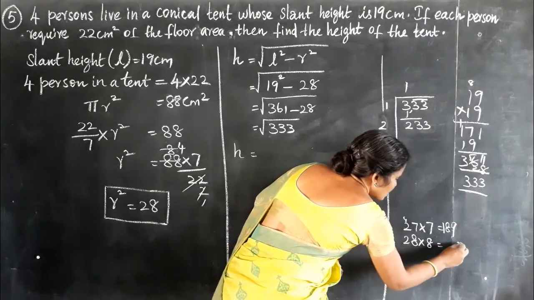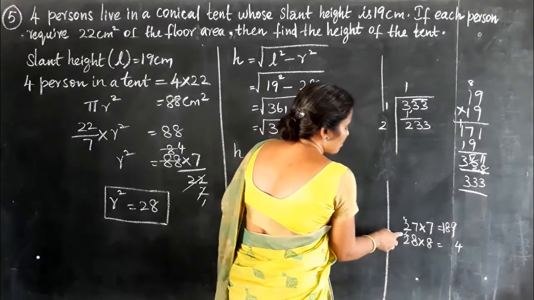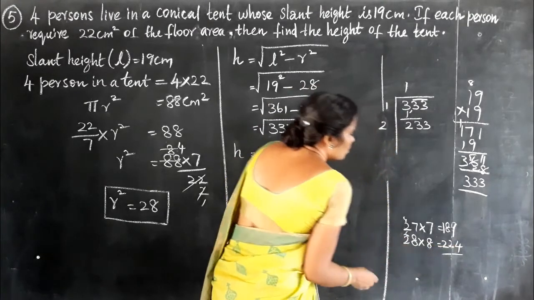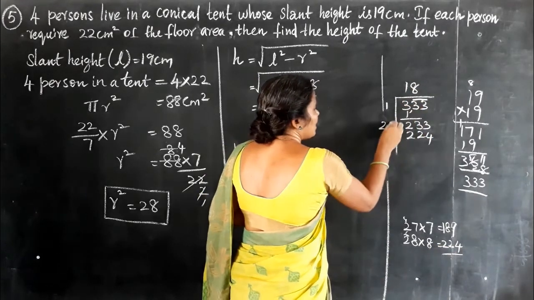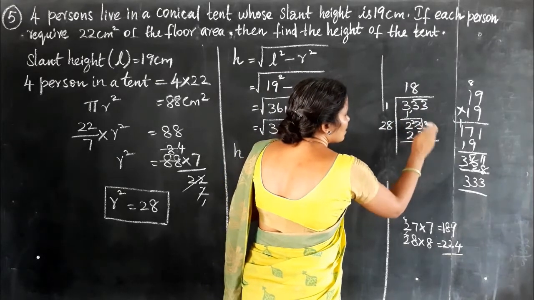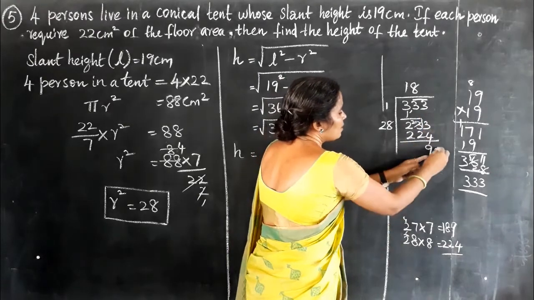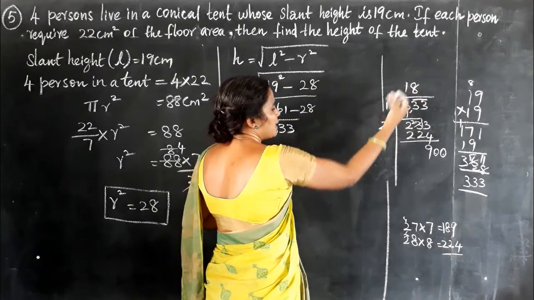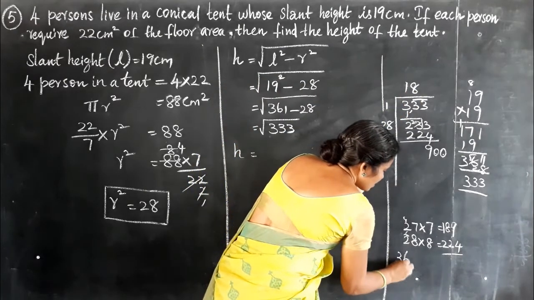8 8s are 64, 8 2s are 16, 16 plus 4, 224. Okay, 18, so subtract. So 9. Here we don't have next number. Add 2 zeros and multiply the quotient with 2. 18 into 2, 36.